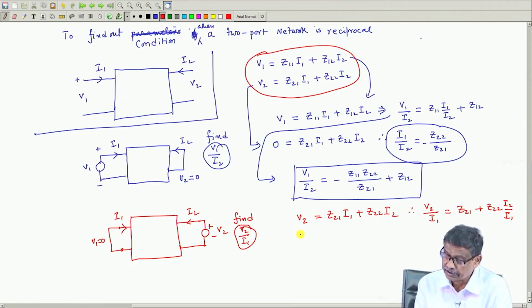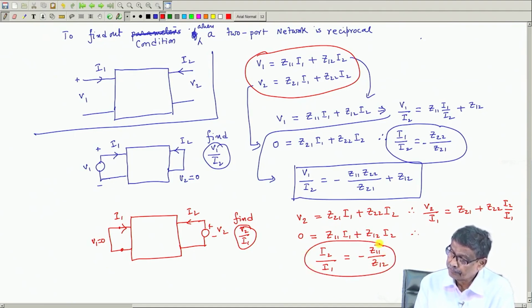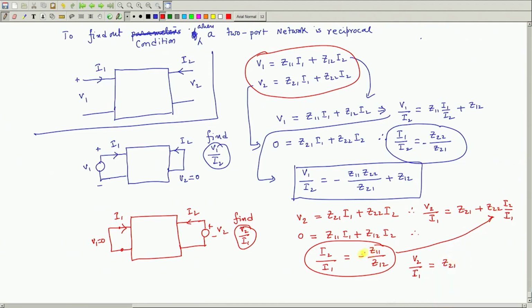Therefore, 0 is equal to Z11 I1 plus Z12 I2, and from this I will get I2 by I1 is equal to minus Z11 by Z12. I will put this here to get V2 by I1. Therefore, V2 by I1 will be equal to Z21, this minus will come, so minus Z11 Z22 divided by Z12. This is the thing I will get.